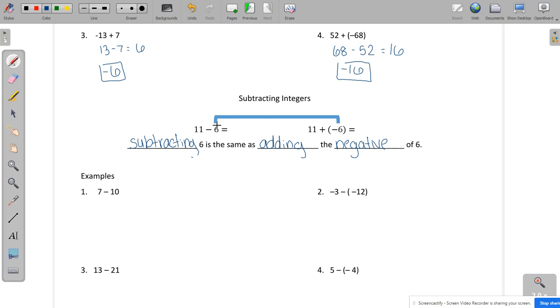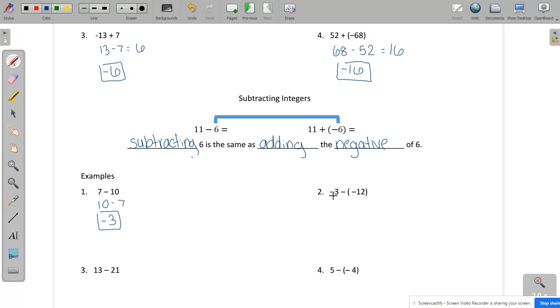So 11 minus 6 is the same thing as saying 11 plus negative 6. So then we can use the same rules as we did up here. So let's look. 7 minus 10. What is 10 minus 7? 10 minus 7 is 3, and take the sign of the larger number. 10 is larger, so our answer is negative 3.